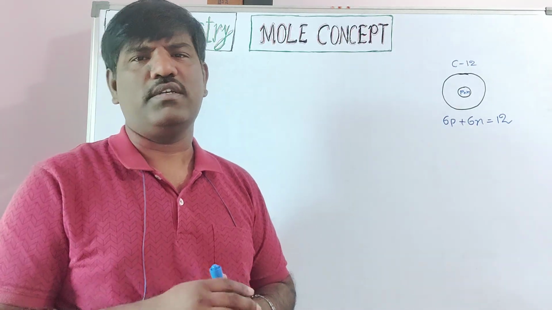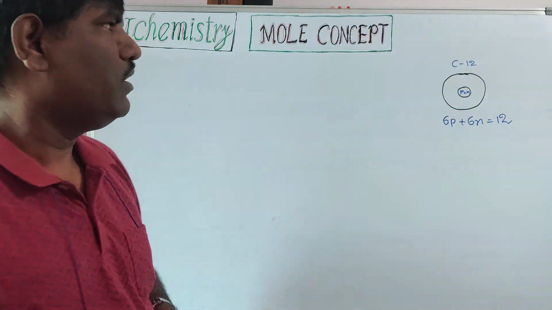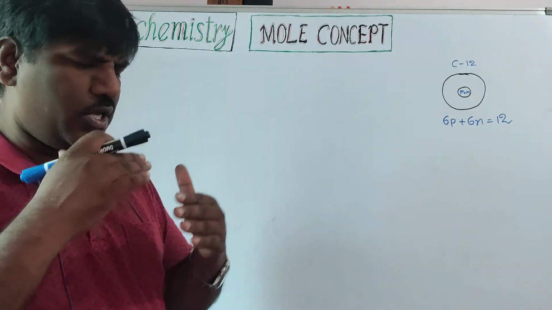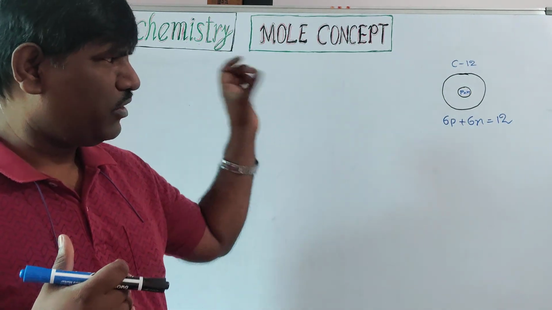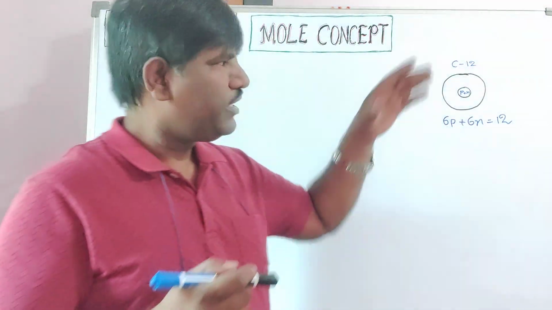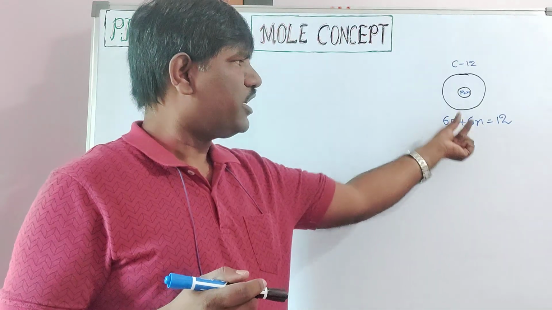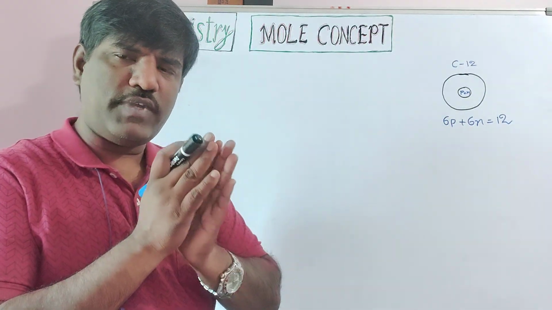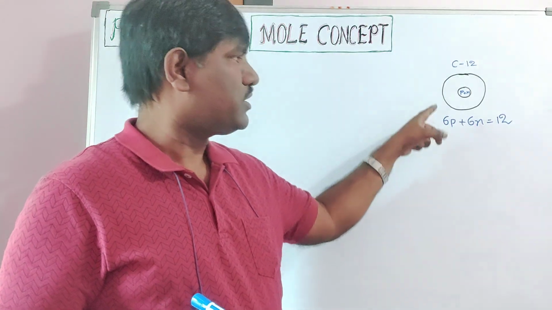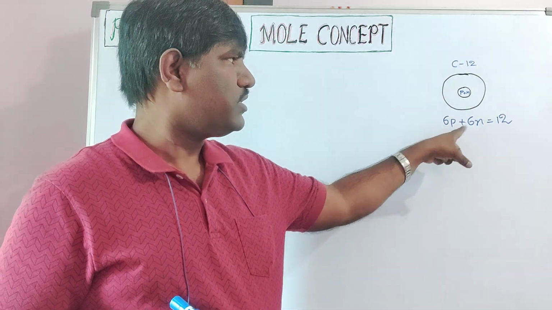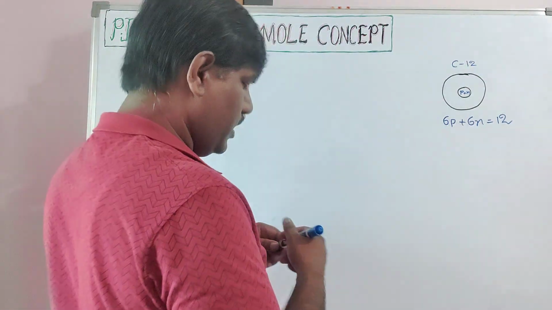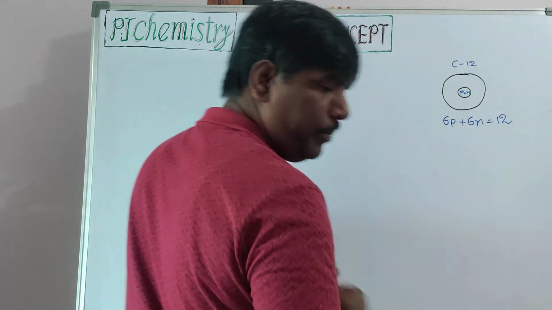That is so small, so negligible. If we take the mass of neutron, proton and electron all together, electrons are negligible, and the total mass depends upon the nucleus. This nucleus, with its 6 protons and 6 neutrons, total 12, we are going to divide into 12 parts. We are going to cut it into 12 parts.